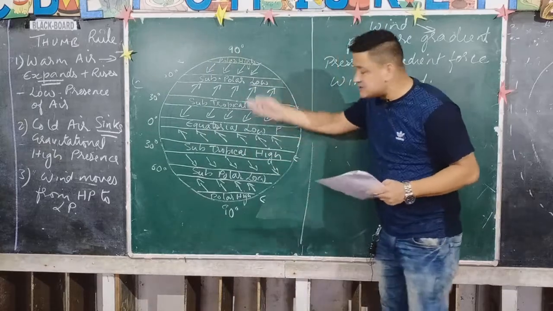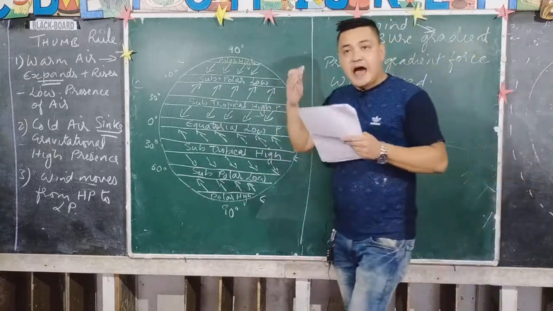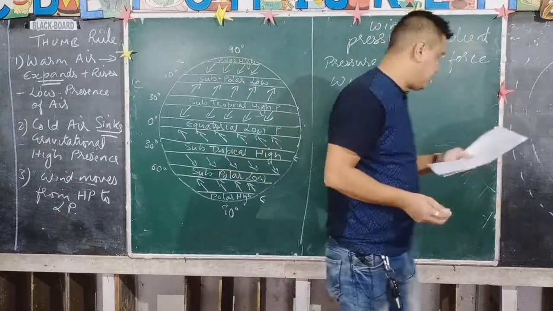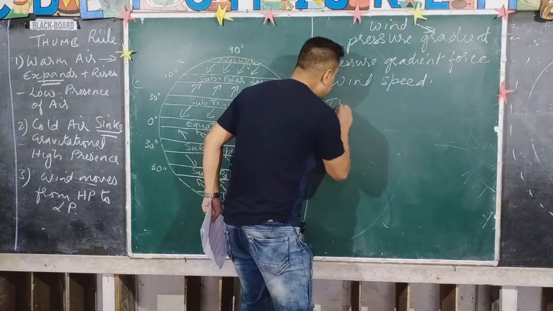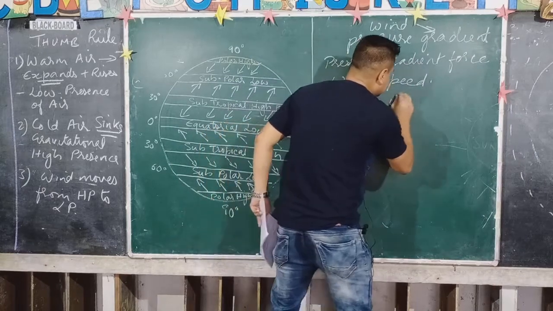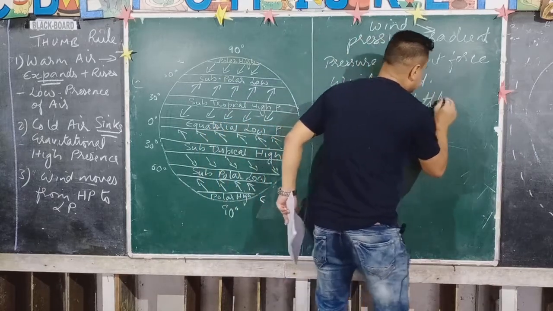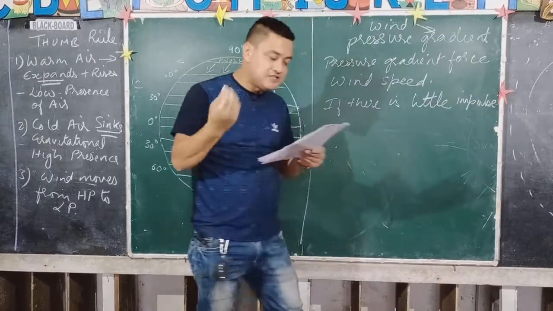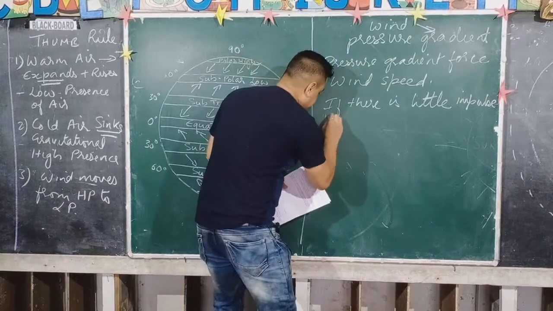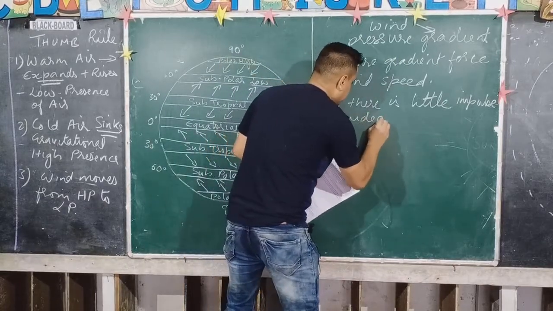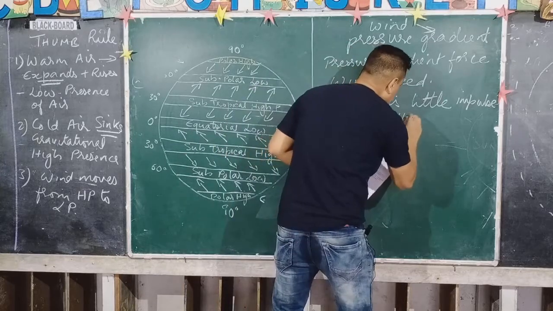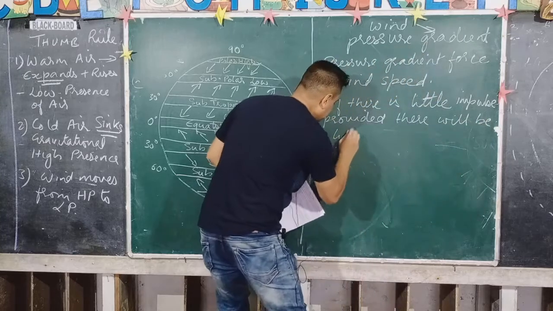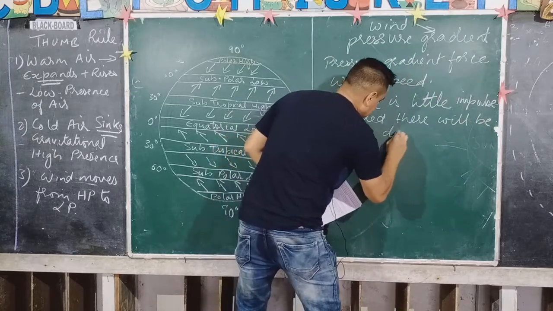So the areas which have high pressure and the areas which have low pressure, what kind of wind is that? I am writing on the board: if there is little impulse, I-M-P-U-L-S-E, impulse means force or strength, provided, there will be little disturbance.